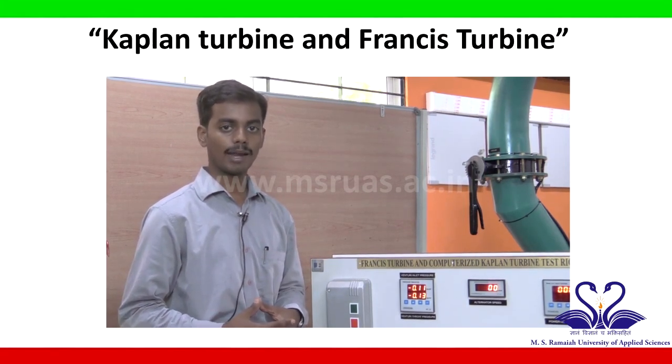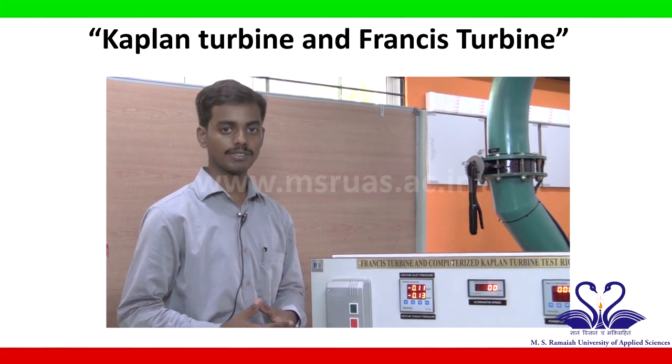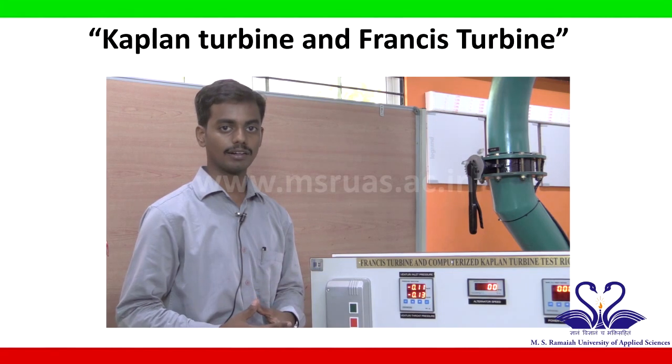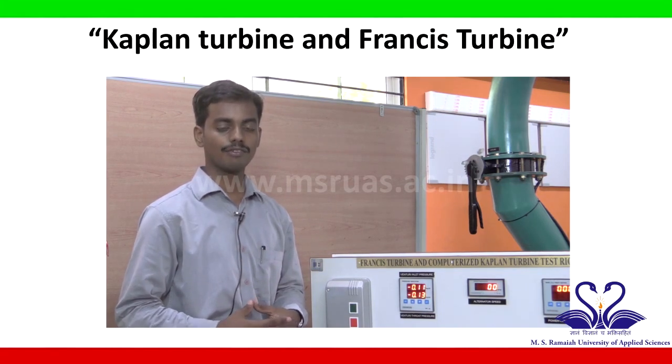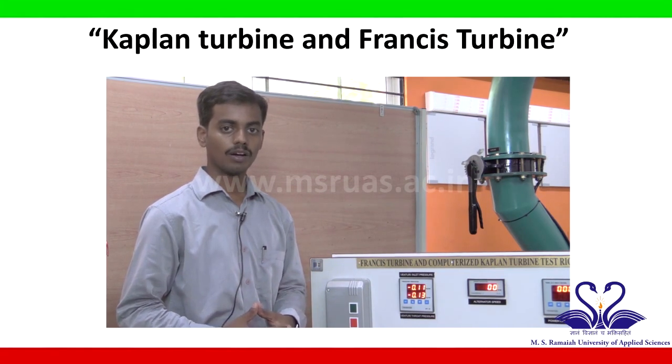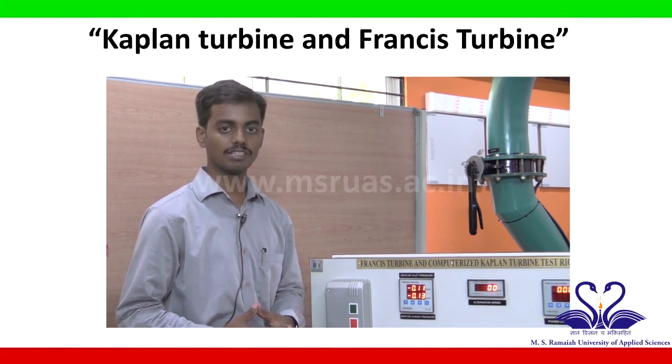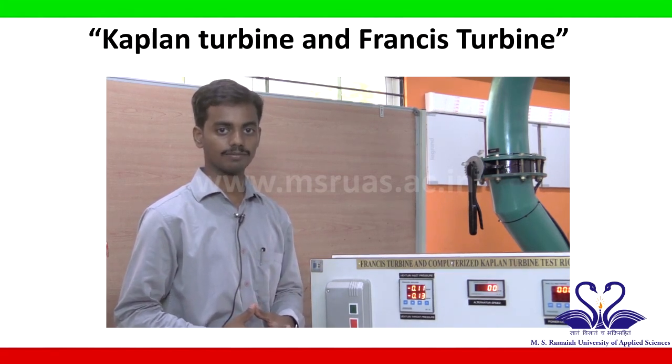We can also measure the output power from the incandescent bulbs extracting from the alternator, and hence we can calculate the efficiency of the turbine. Also, we can plot discharge against head, and discharge against efficiency for the same turbine. And that concludes the experiment.